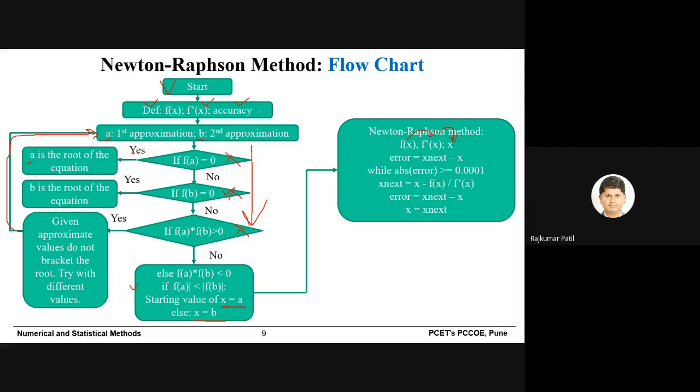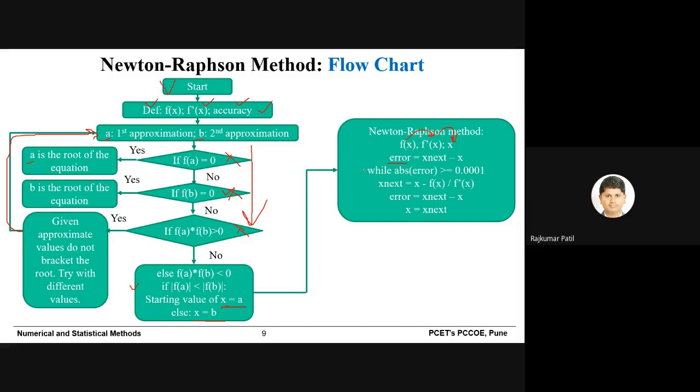Then, as we decided to express the answer in terms of accuracy, we call it the error, which is equal to x next minus x, that is, next iteration minus present iteration. That expresses the accuracy of the answer.